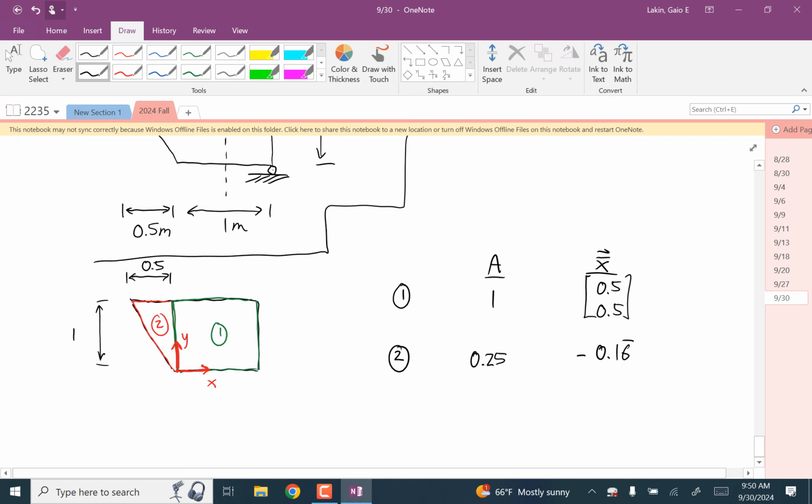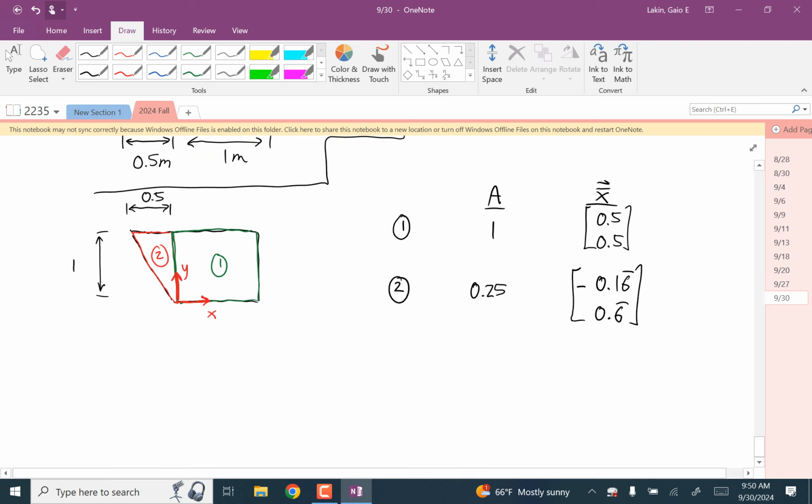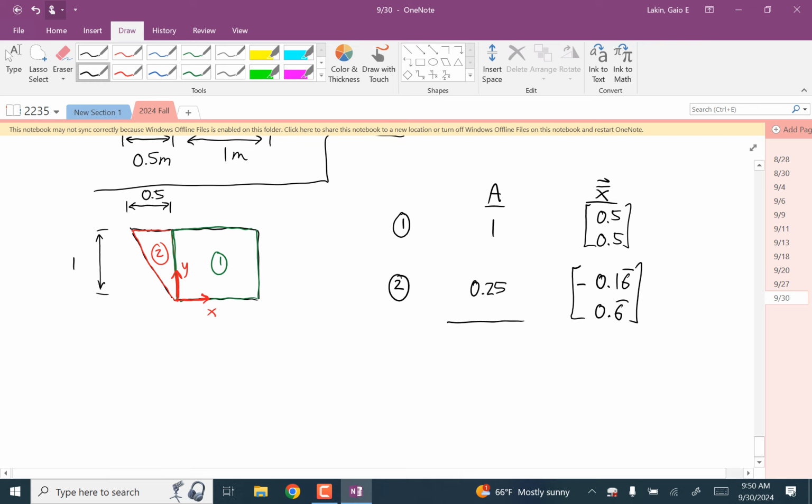And then 2/3 of 1, so this is going to be 0.6 repeating. Any questions on that? And then the total area is just the sum of these, so 1.25.